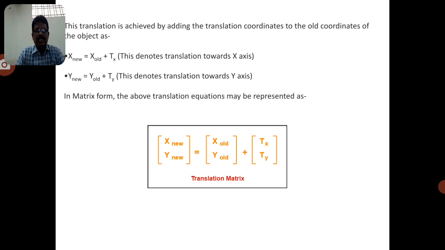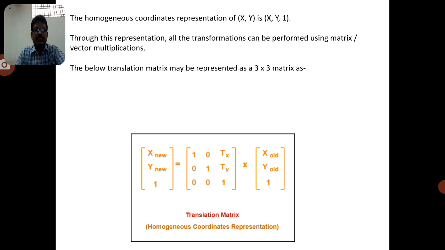And similarly we can calculate y new. The y new equals y world plus ty, where ty denotes the translation towards y. Now we have to write that equation in matrix form, in rows and columns order, where we can calculate x new and y new.